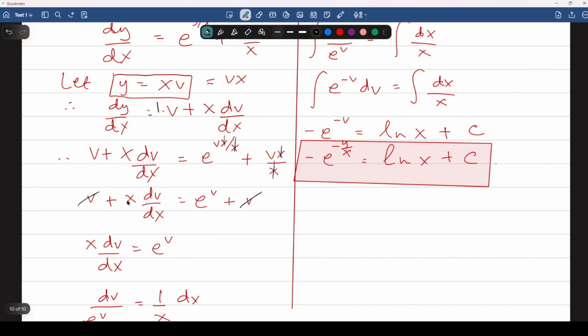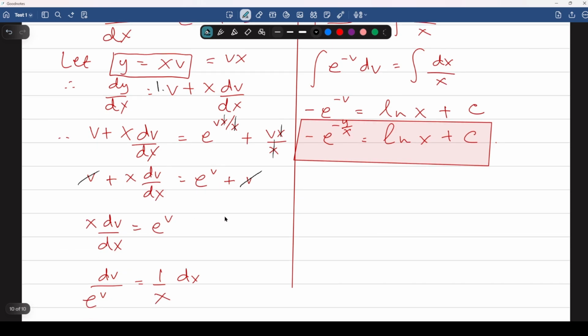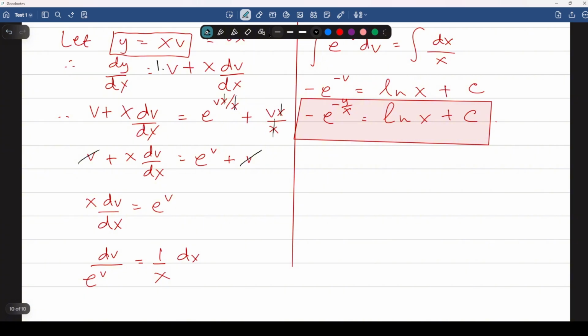This leaves only x dv/dx equals e to the power of v, which is a separable differential equation.